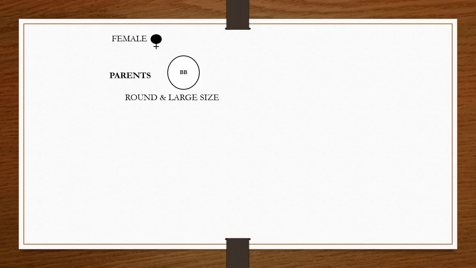Let's see the previous explanation in the representation. So the female parent is round and large sized, that is capital B, which is dominant and synthesizes more starch. Due to that it is large in size and round.